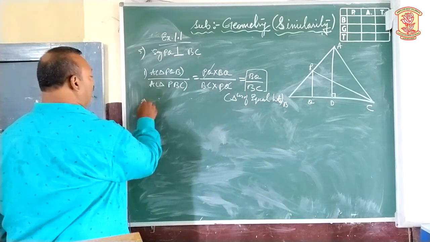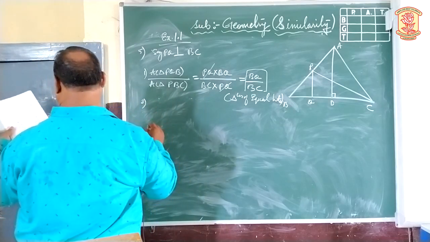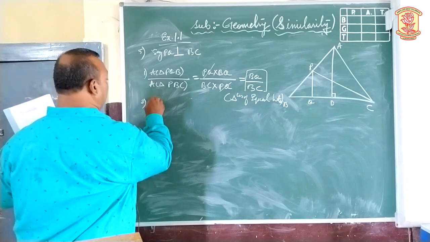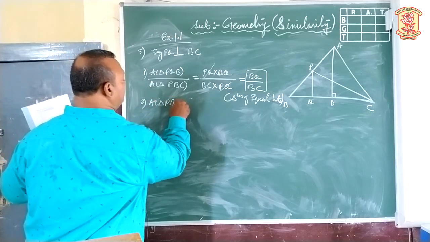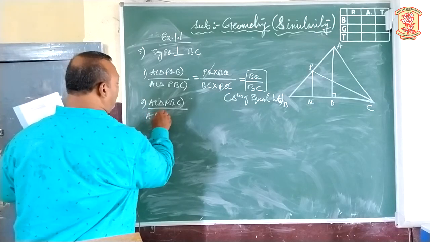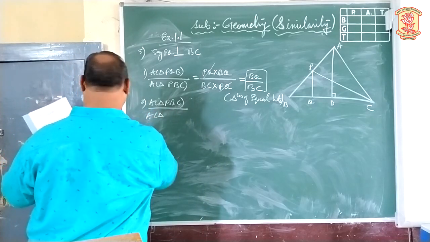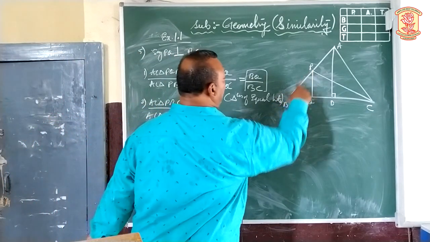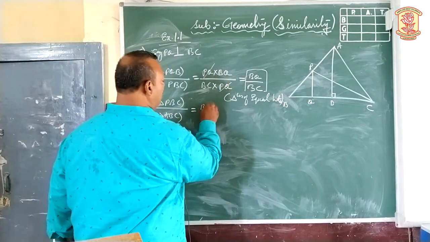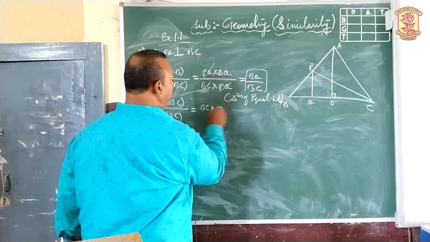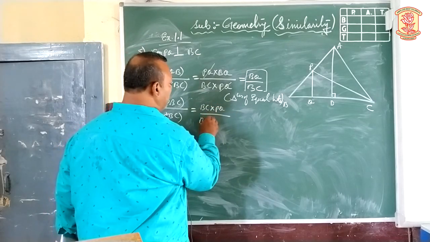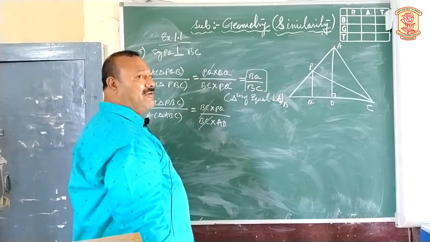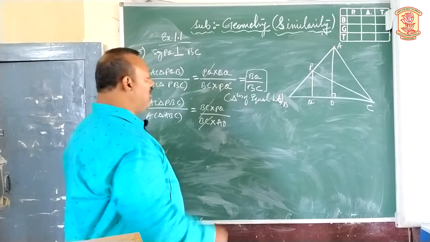See the second ratio. Area of triangle PBC upon area of triangle ABC. In PBC, base BC, altitude is PQ. In ABC, base BC, and the altitude is AD. Again, they have a common base.